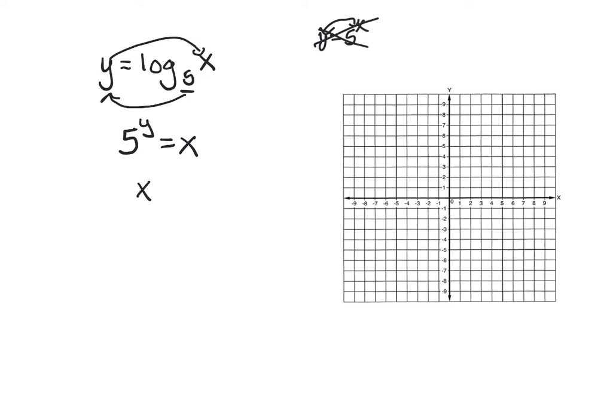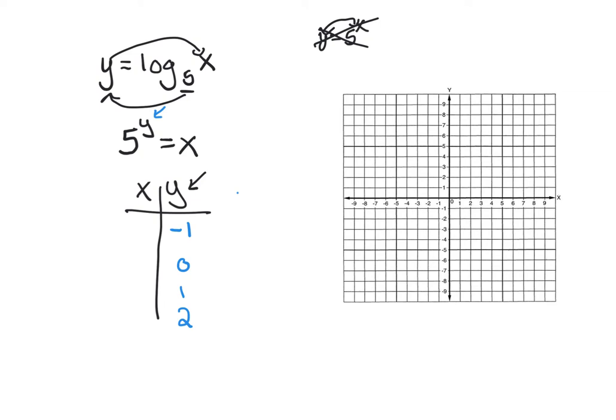So when I make an xy table, instead of picking values for x, I'm going to pick values for y. So think about numbers that we can plug in for y. I'm going to pick -1, 0, 1, and 2.